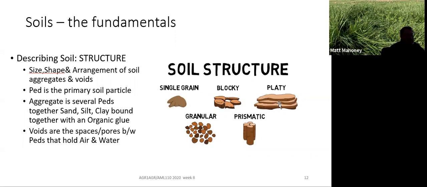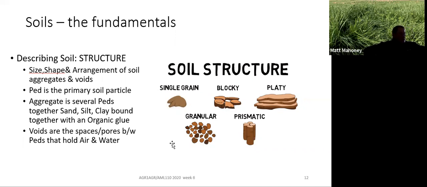We can have a platy structure. We can have a granular structure, lots of granules, or a prismatic type structure. So the ped is a primary soil particle, and an aggregate is where several peds are stuck together.